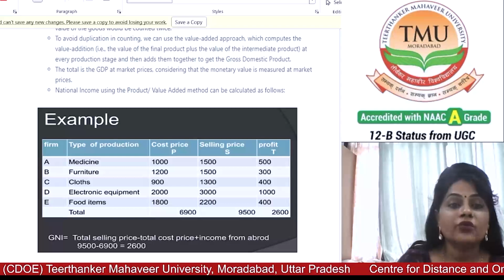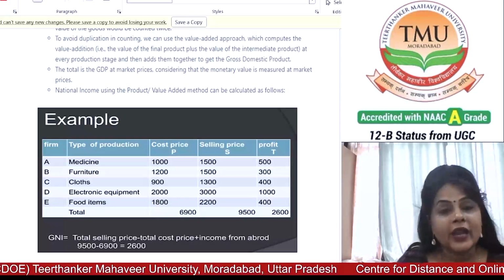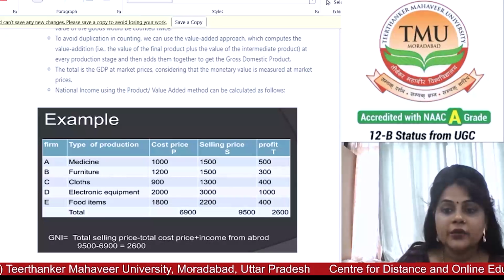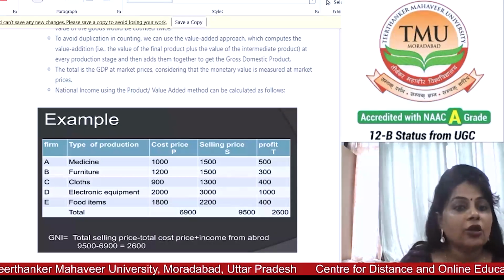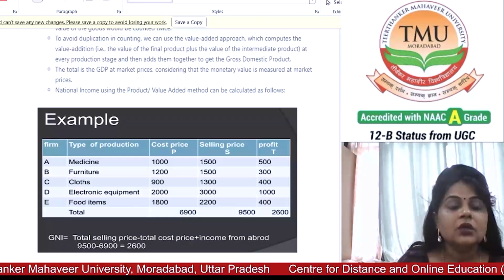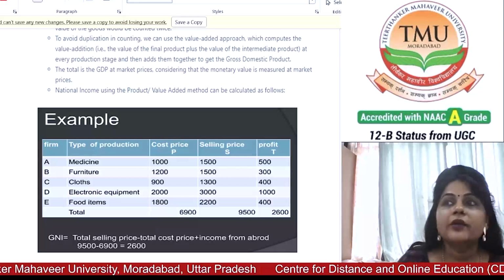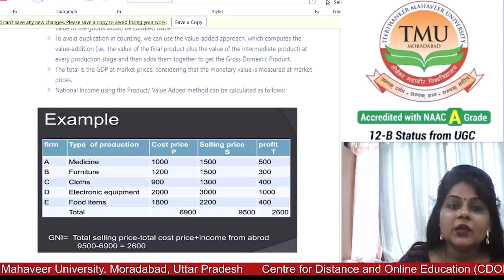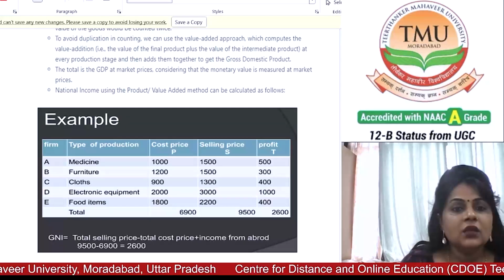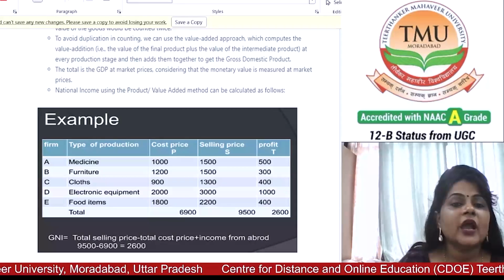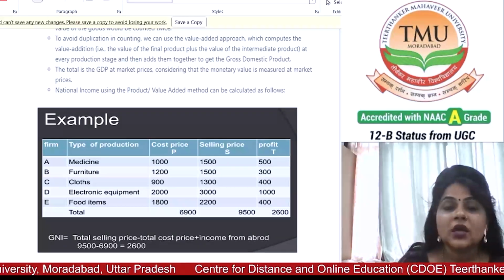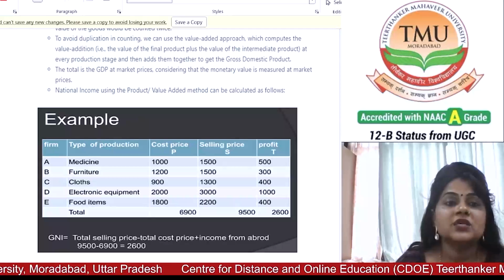In India, this includes the following items: agriculture and allied services, mining, manufacturing, construction, the supply of electricity, gas, and water, transport, communications, and trade, banking, insurance, real estate, and ownership of residential and commercial property, public administration and defense, and other services or government services.